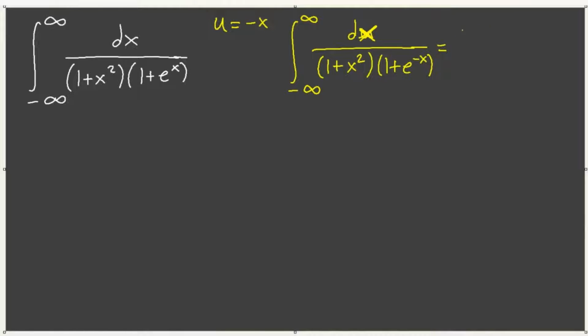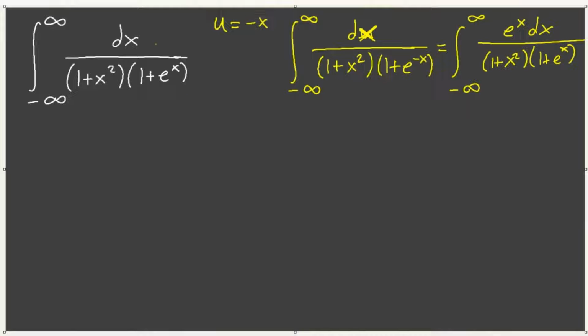But here, with algebraic manipulation, we could just multiply top and bottom by e to the x. And just like that.